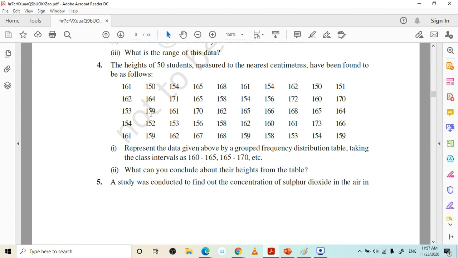That is also one conclusion. If we have written 170 to 175, so there are 5 students, that is also one conclusion: in this class interval there are 5 students. In another class interval there are some other number of students, for example 10 students. So the conclusion depends upon how you look at it.